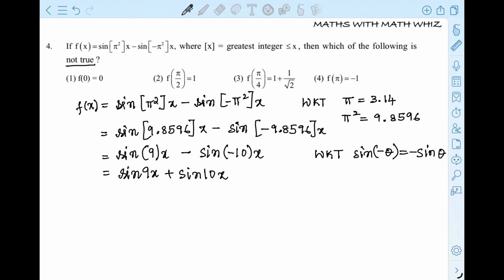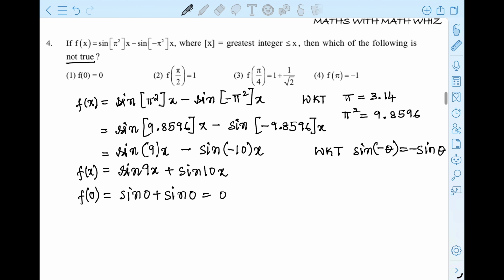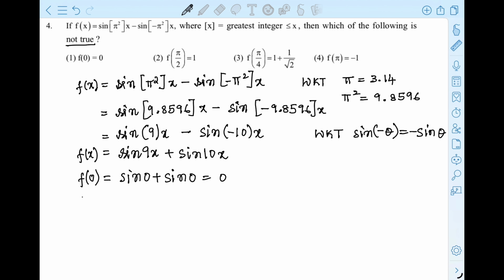Now let us try to substitute the values and see which of the following is not true. So for the first one, f of 0. Wherever x is present, we'll be replacing it with 0. So sine 0 plus sine 0. We know sine 0 is 0. So this is giving us 0. So the first one is true. In the same way, let us consider f of pi by 2.